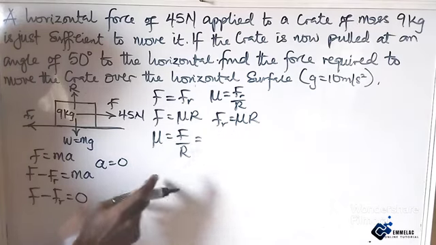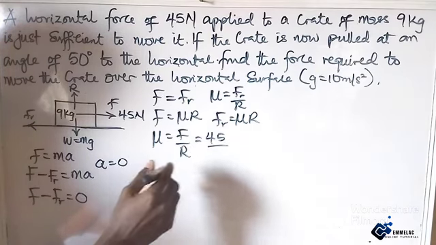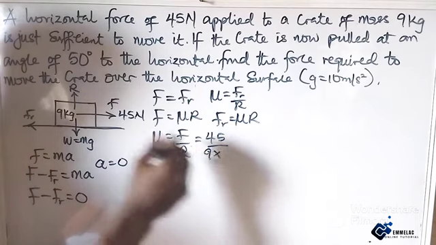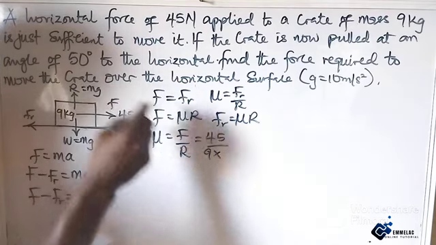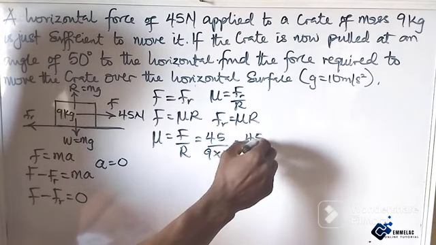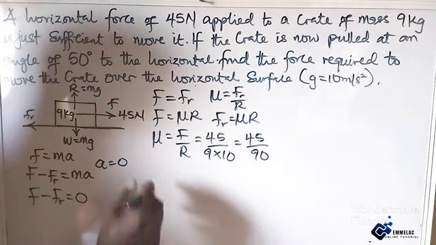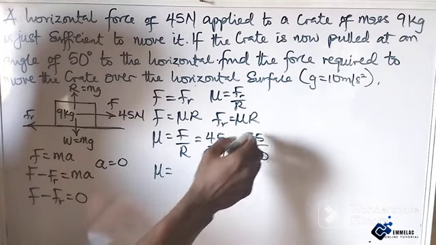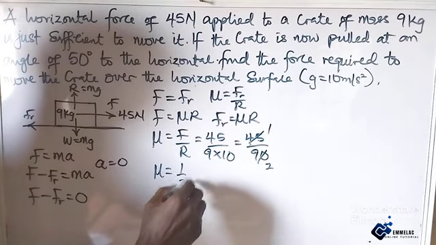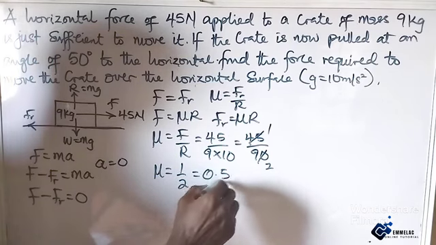Reaction. So here we have 45 over 9 times 10. So here we have 45 all over 90, and this we go as far as saying that mu equals 45 over 90. So you have 1 over 2, which is equals to 0.5.